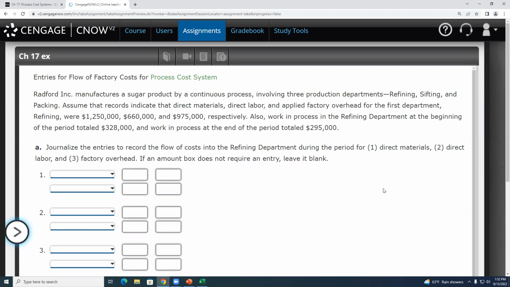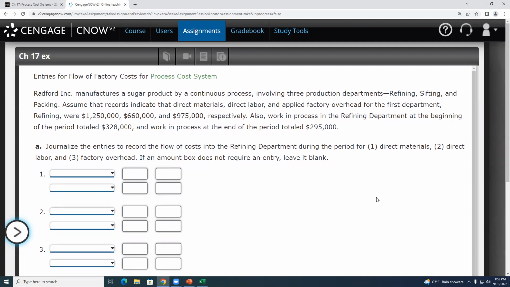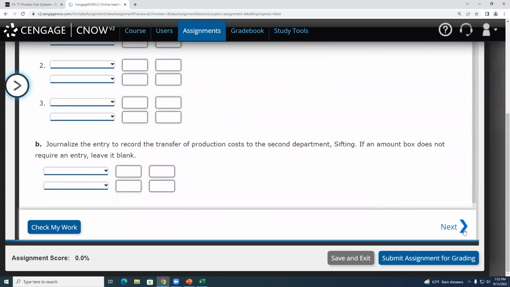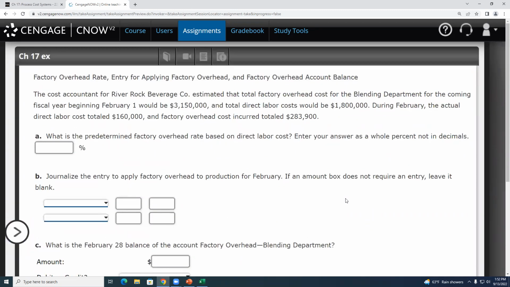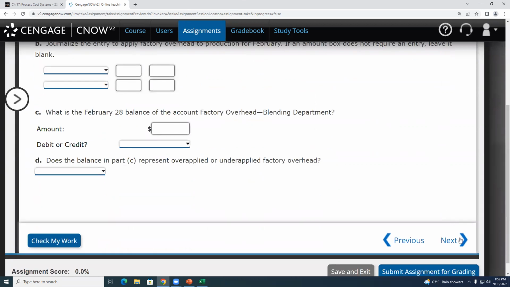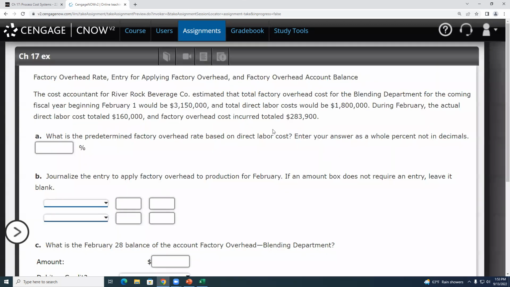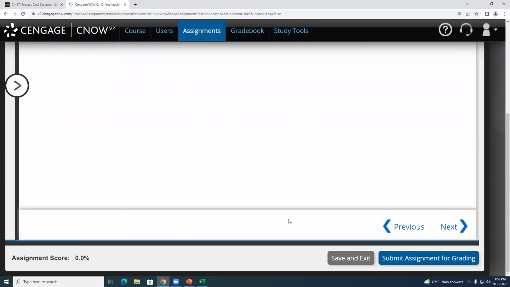So what you're asked to do here in exercise 17, and again in exercise 18, is really thinking about those same concepts that we already talked about, both with the flow of costs and then with applying factory overhead. So both of those should be reviewed for you. I would be happy to answer questions. They also have, at least this one has the show me how if you get stuck, and they're covered in those videos, or that video that I had asked you to watch.